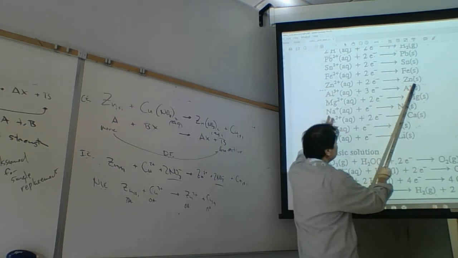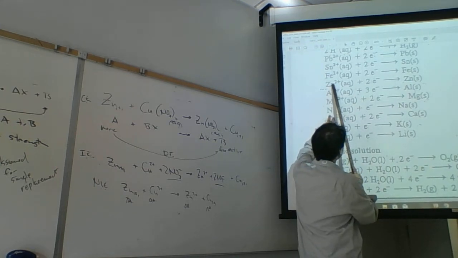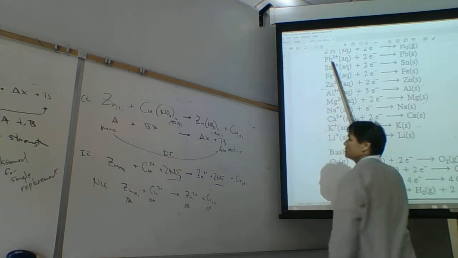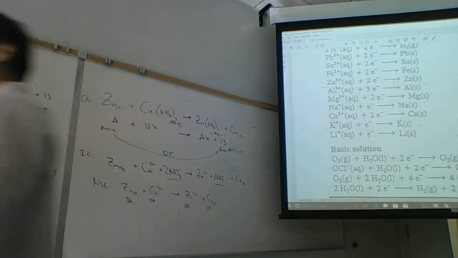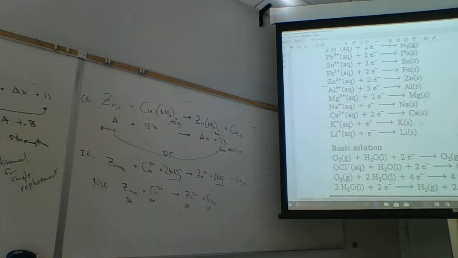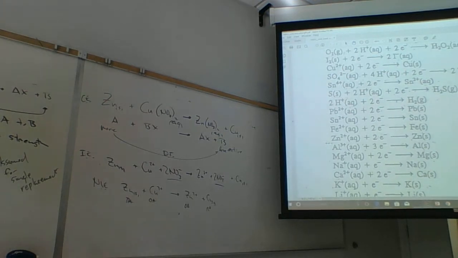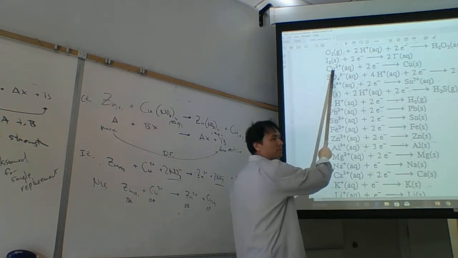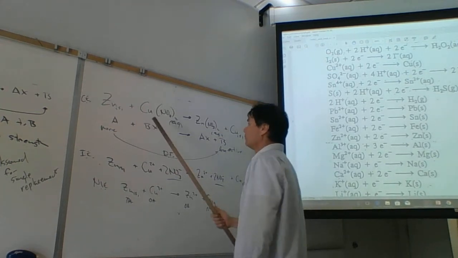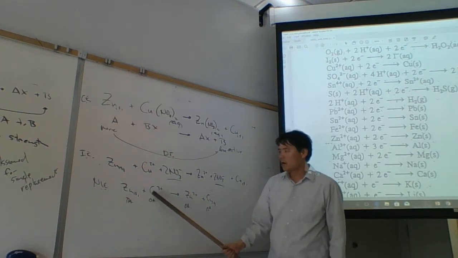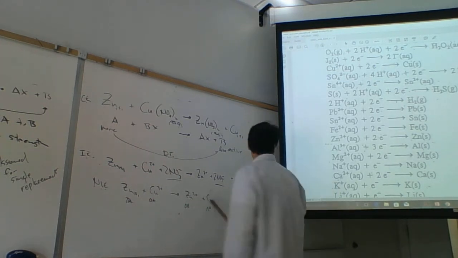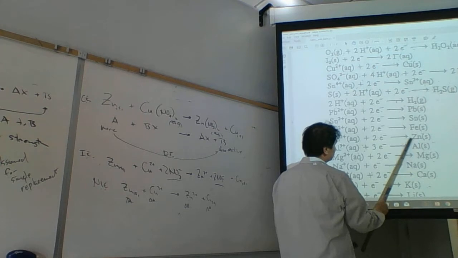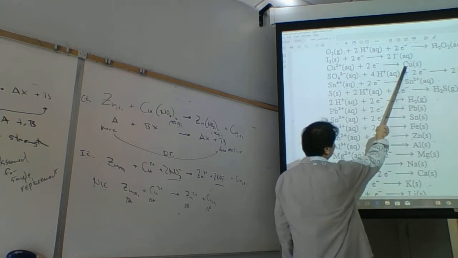And so what we can say is that zinc metal can be oxidized by everything above this, and that is iron(II), tin(II), lead(II), H+, tin(IV), sulfate, copper(II). Here's copper(II), and so this is what we did. We used copper(II) ions to oxidize our zinc metal to form zinc ions and copper metal. We're using copper(II) to take the electrons from zinc. Zinc is going to lose those electrons to form zinc ions and copper metal.